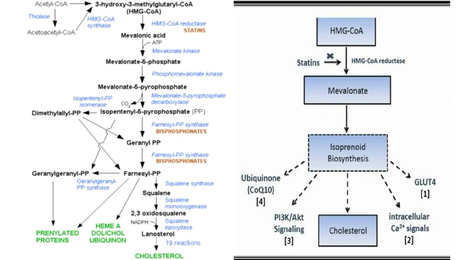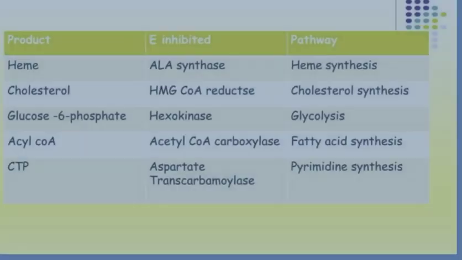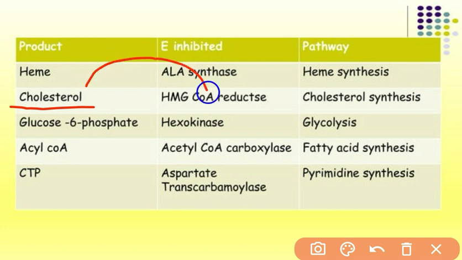The substrate 3-hydroxy-3-methylglutaryl CoA is a substrate for the enzyme HMG-CoA reductase, and this enzyme is inhibited by the end product cholesterol, because in the mevalonate pathway cholesterol is the end product and it inhibits the activity of the enzyme HMG-CoA reductase.